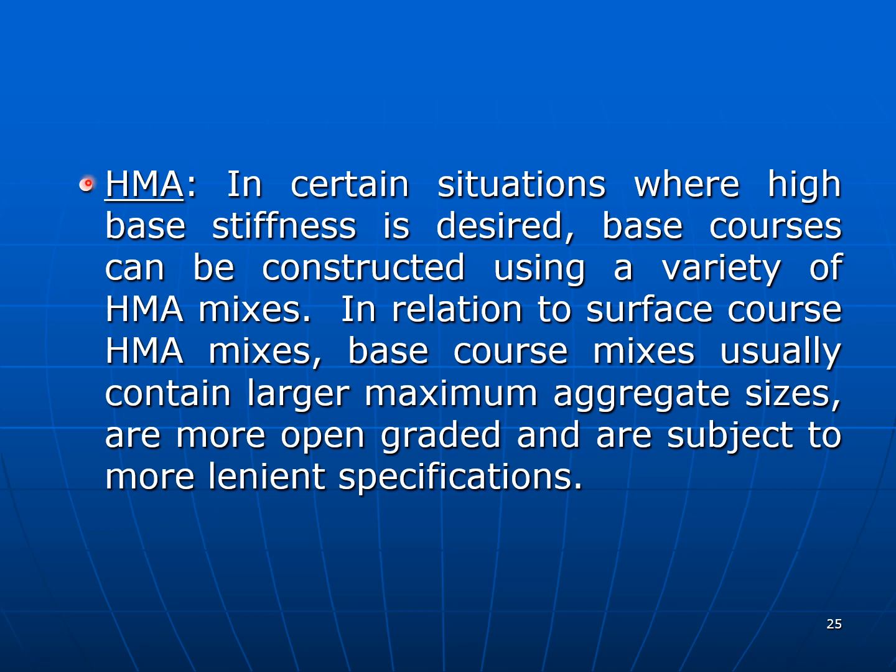HMA, hot mixed asphalt: in certain situations where high base stiffness is desired, base courses can be constructed using a variety of HMA mixes. In relation to surface course HMA mixes, base course mixes usually contain larger maximum aggregate sizes, are more open graded, and are subject to more lenient specifications.